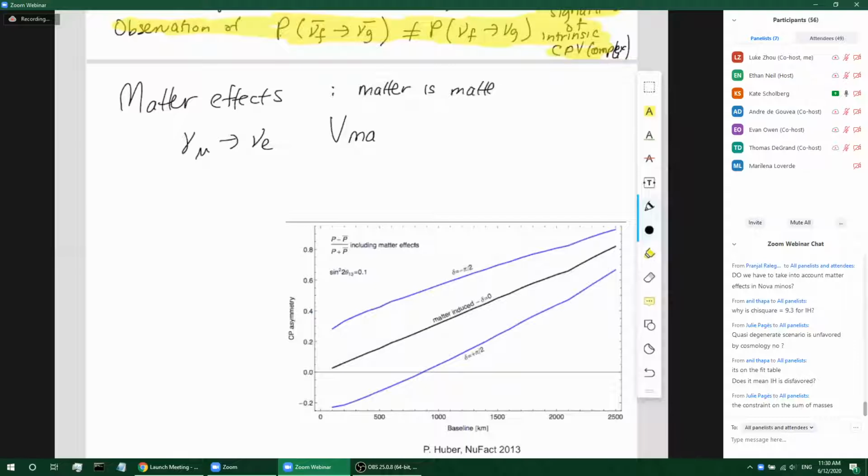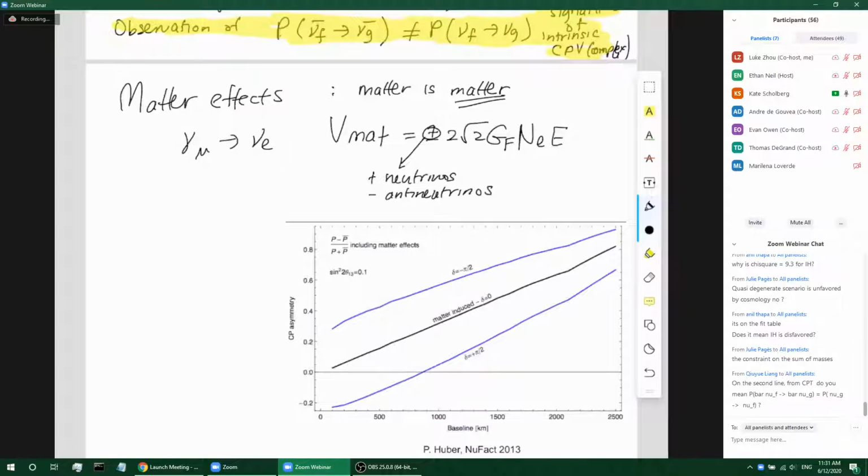It's electrons and protons and neutrons, not positrons and antiprotons and antineutrons. The matter potential that goes into a matter effect calculation depends on the electron density, and you get a plus for neutrinos and a minus for antineutrinos. And so when you work out the whole oscillation probability, you actually get a matter-induced CP asymmetry.